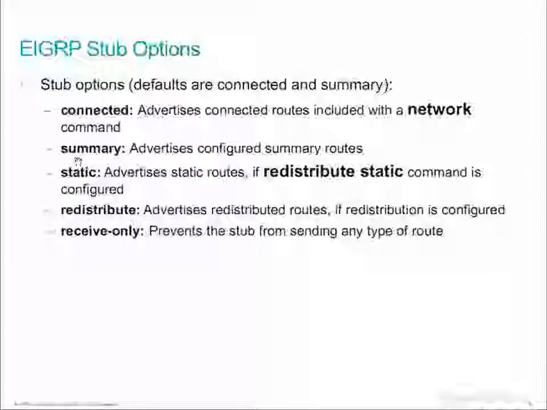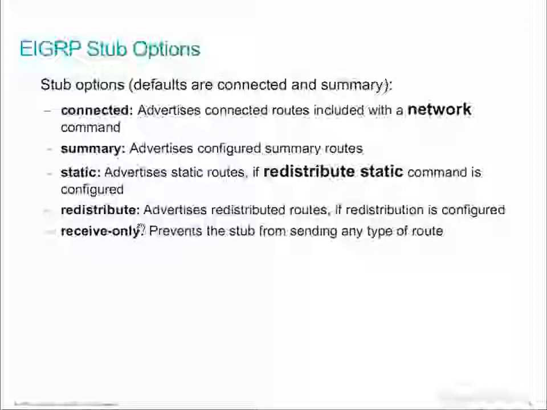If I do EIGRP stub redistribute, then I'm going to only advertise redistributed routes in EIGRP, which could include static, but it could also include OSPF, connected, any type of route that's redistributed into EIGRP. If I say stub receive-only, then I'm only going to accept routes. I'm not going to send any routes to my neighbors.